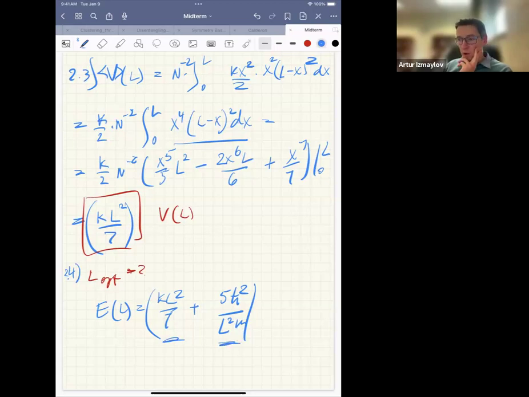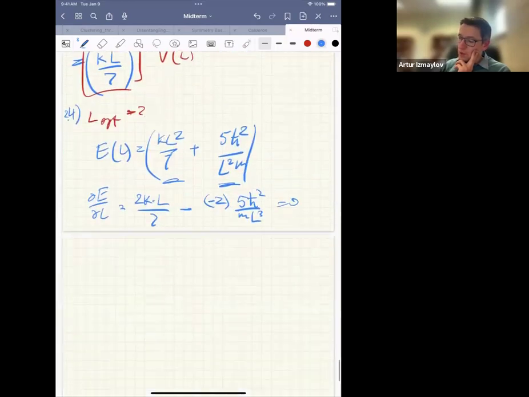And so there is some optimality condition, dE over dL equals, we take the derivative, 2k times L divided by 7 minus 2 times 5 h bar squared divided by m L cubed. So that's our equation, equals to 0.